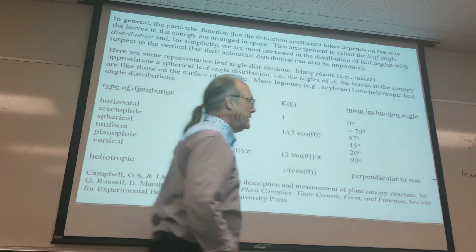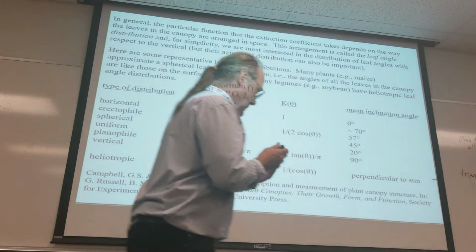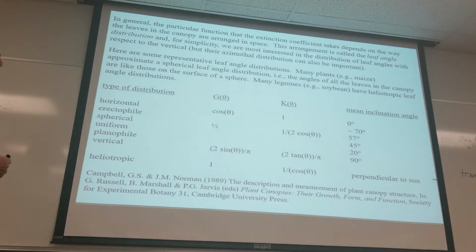Oops, sorry. That's a G. K of theta. G of theta is 1/2. Yeah, that's why it's minus LAI over 2 cosine theta. This is a very common expression you'll see for transmittance through a canopy. What that assumes is the canopy has a spherical leaf angle distribution.